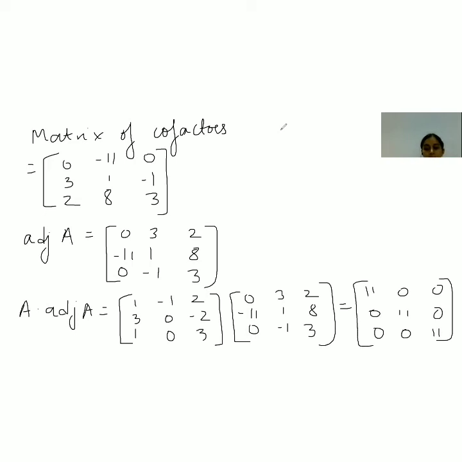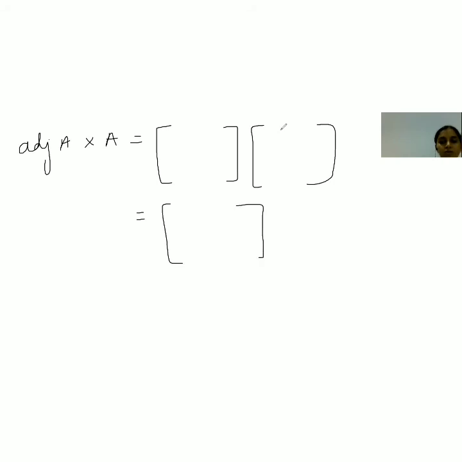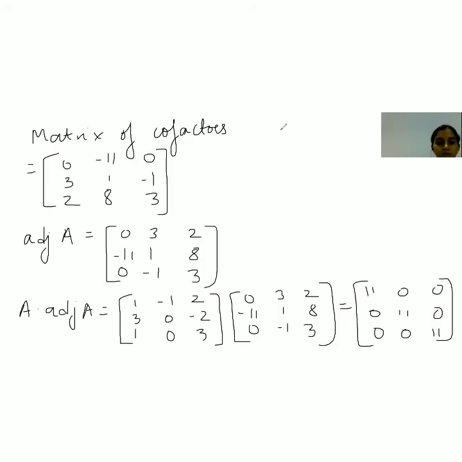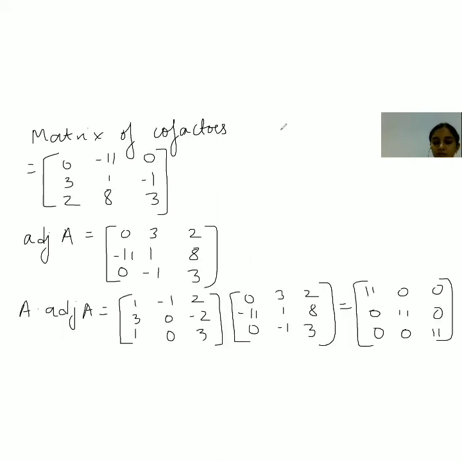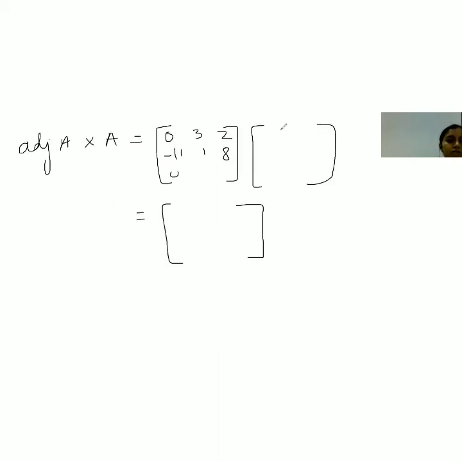In the same way you will find out adjoint of A into A. You write the adjoint matrix first: 0, 3, 2, minus 11, 1, and 8, then 0, minus 1, and 3.